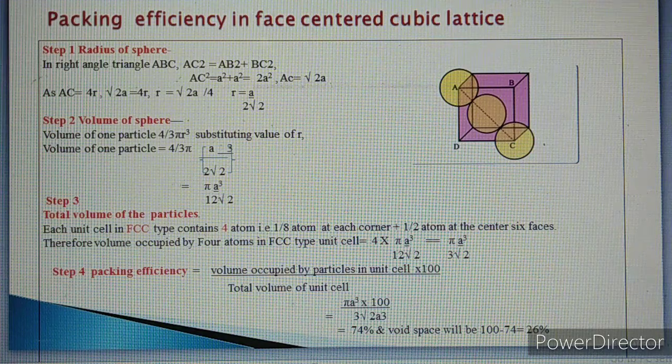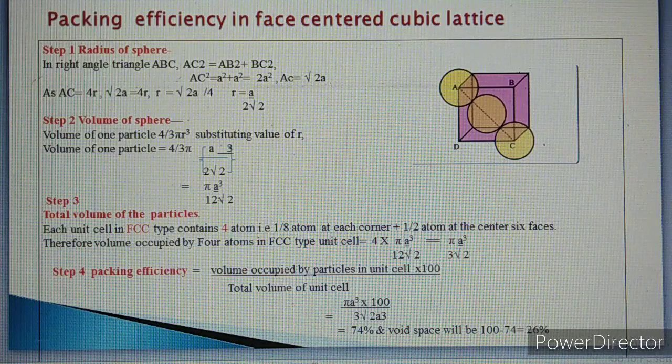Then step 3, total volume of the particles or total volume of the spheres. Each unit cell in face centered cubic type, FCC type, contains 4 atoms. That is 1 upon 8 atom at every corner plus half atom at the center of 6 faces. Therefore, volume occupied by 4 atoms in FCC type unit cell will be 4 multiplied by volume of the sphere.